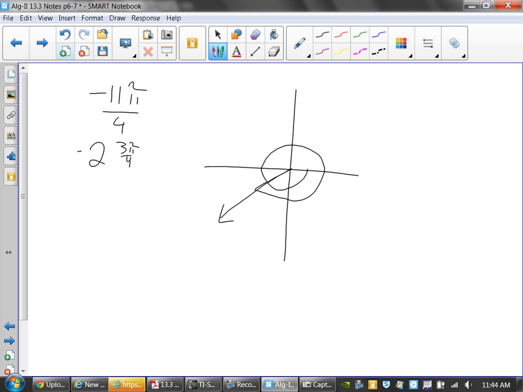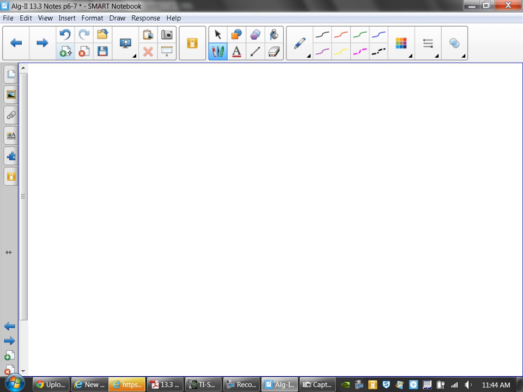Okay? Again, what we're looking at here is to figure out which quadrant our angle lands in, and then how far it is off of the x-axis. Now, the main reason this is going to work is the following.